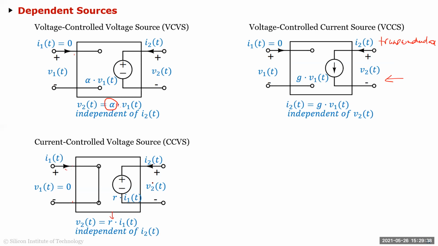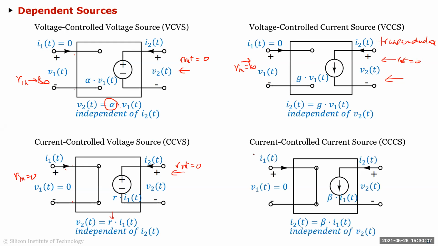So here the input impedance is 0, output impedance is 0. For the VCVS, if I look at R in, this is infinite, and R out is equal to 0. For the transconductor, R in is infinite, R out is 0. Here R in equals 0, R out is also equal to 0.